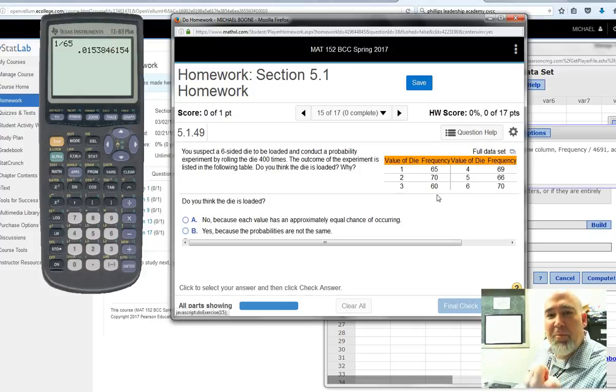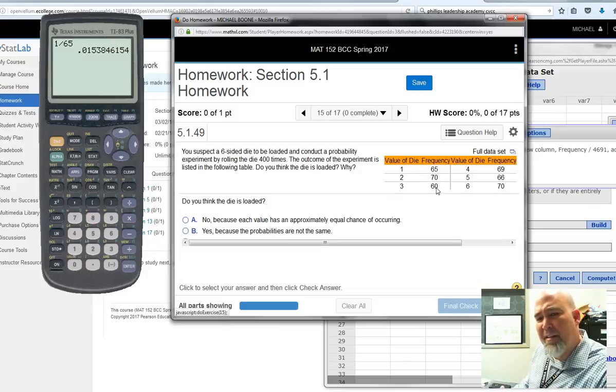Do you think every time when you roll it, like if I roll it 6 times, will I always get 1, 1, 1, 2, 1, 3, 1, 4, 1, 5, 1, 6? Will we get some differences in the counts? So these all look to be around 70. We've got a 60 there.